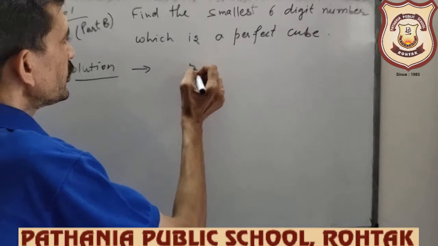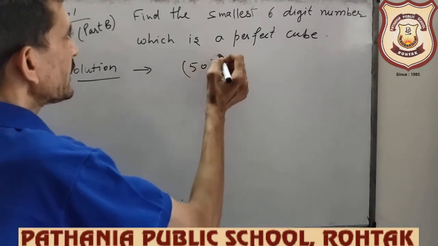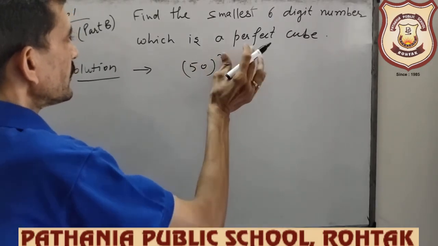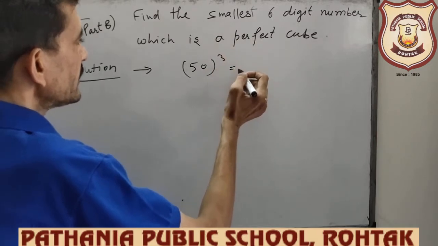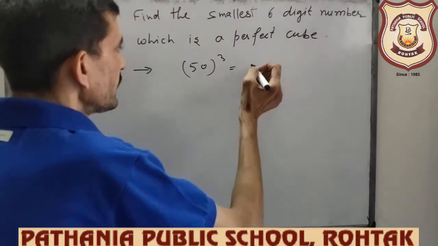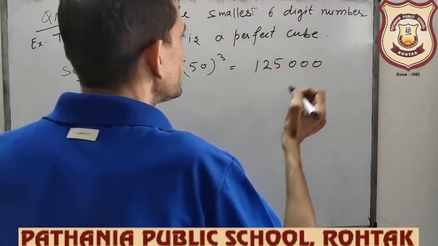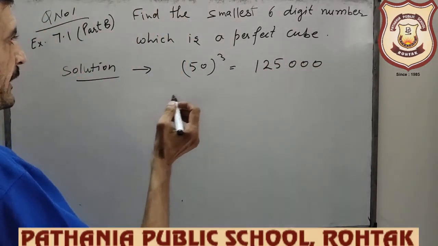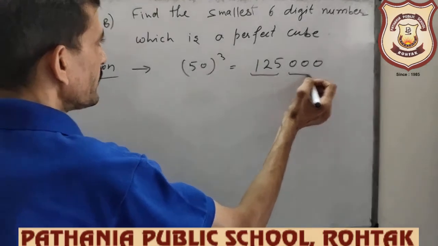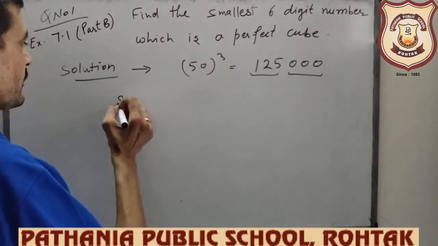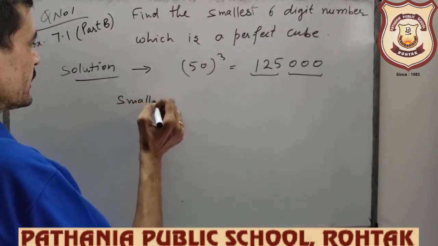Beta, 50 cube. If we calculate 50 cube, 5 cube is 125 and 0, so it is 1,25,000. It is a 6-digit number. But what we required is the smallest 6-digit number.